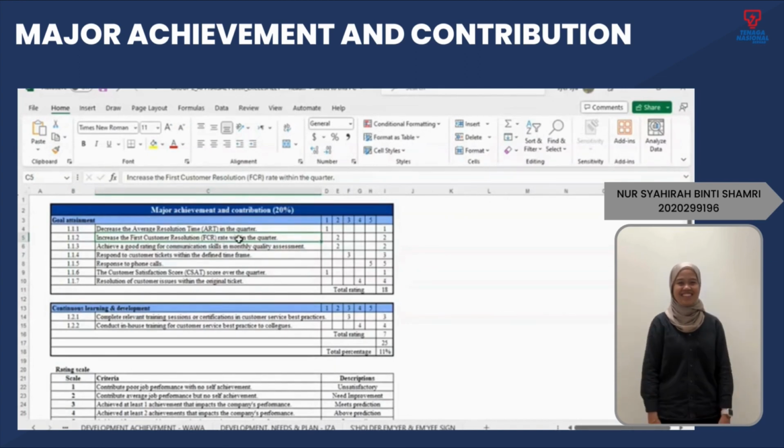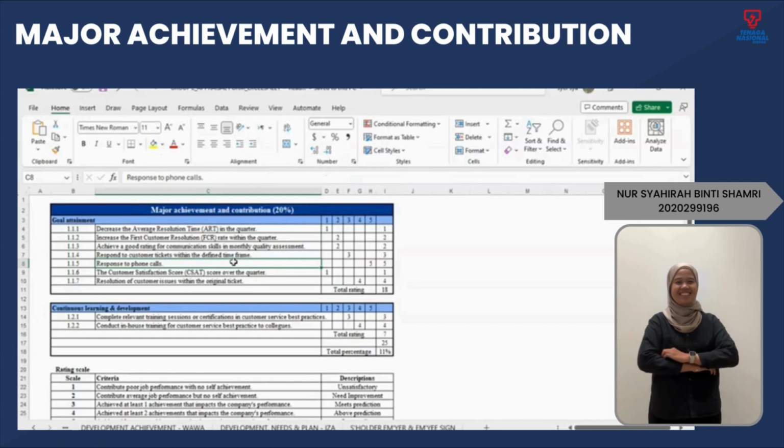From here, we're rating the communication skill in monthly assessments, and also the employee needs to respond to phone calls every month. From here, we can see the performance, and also the customer certified score and resolution for customer tickets.